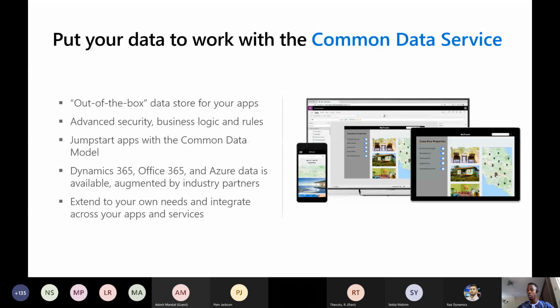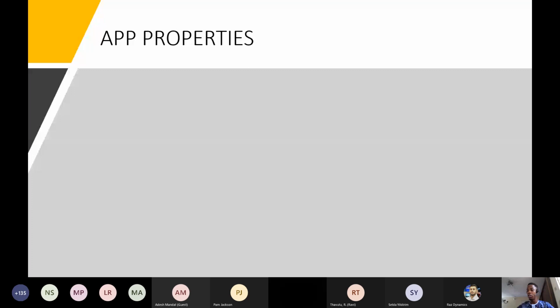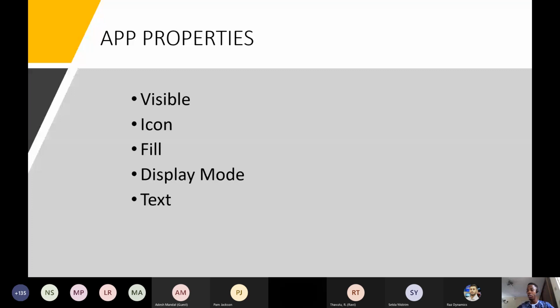There is the visibility, there is the icon, there is the fill, there's display mode, there is text, etc. There are a lot of app properties that you can actually format or design based on your conditional statement. So I would like to jump into my demo quickly, just to show you some things that you can actually do with Power Apps and how you can design your app.